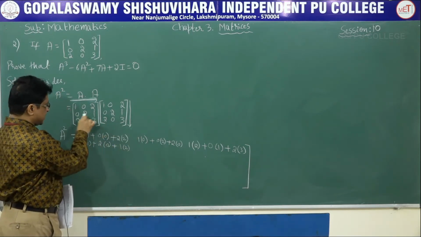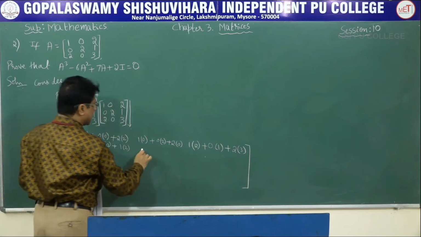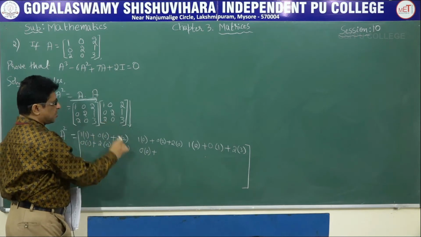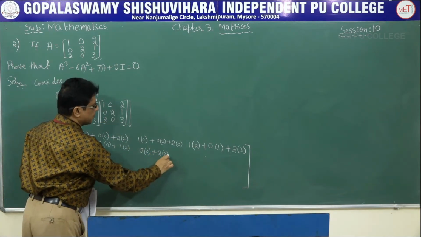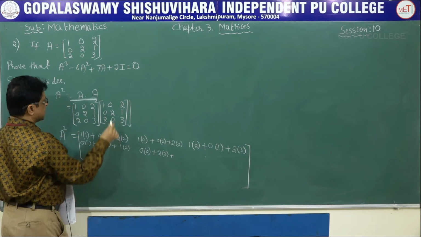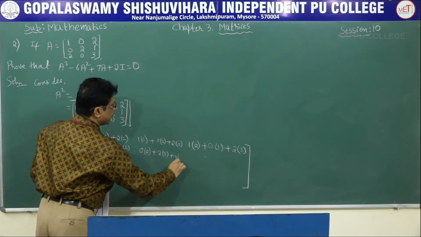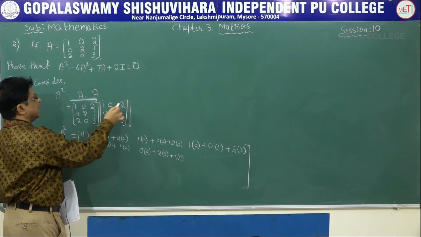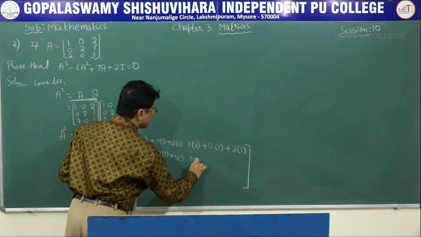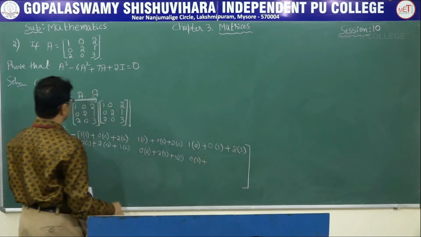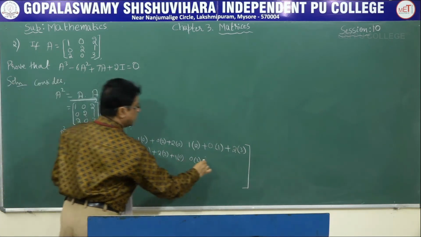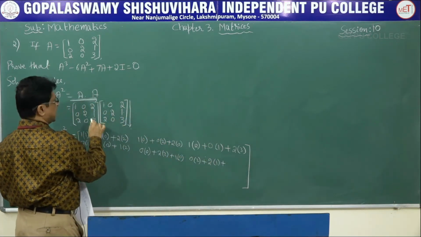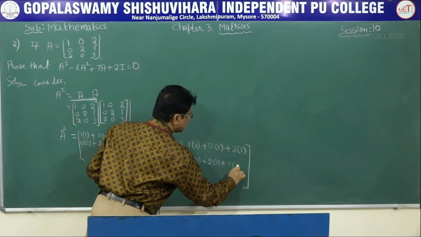So next element is second row into second column, that is 0 into 0 plus 2 into 2 plus 1 into 0. Next element is second row into third column, 0 into 2 plus 2 into 1 plus 1 into 3.